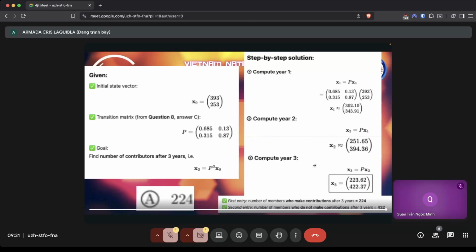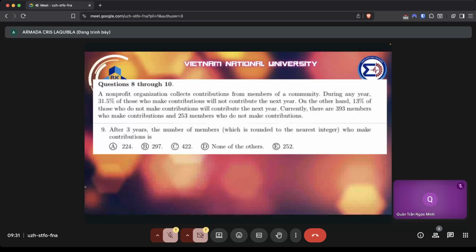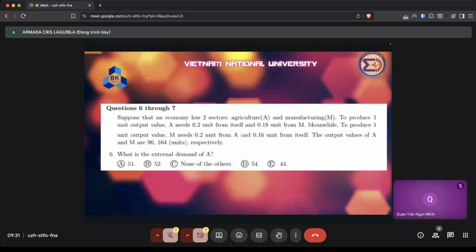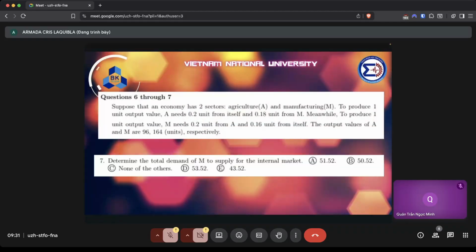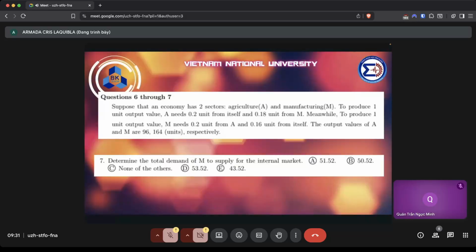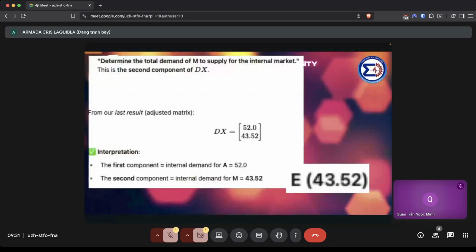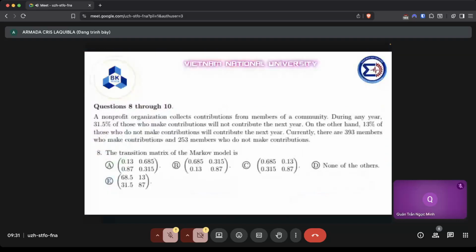When you compute year 3, the question is asking for the number of members who make contributions, right? So you are going to solve the upper number only, the top number.